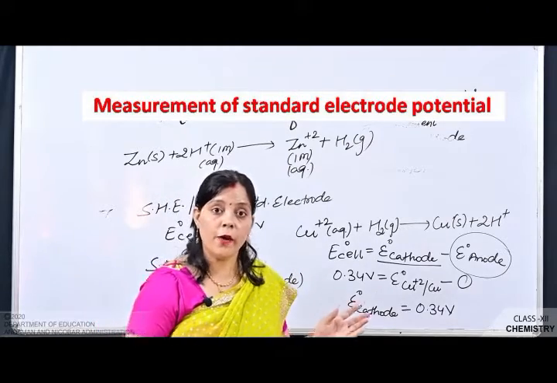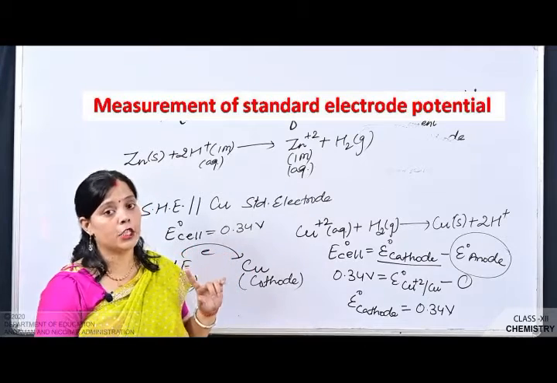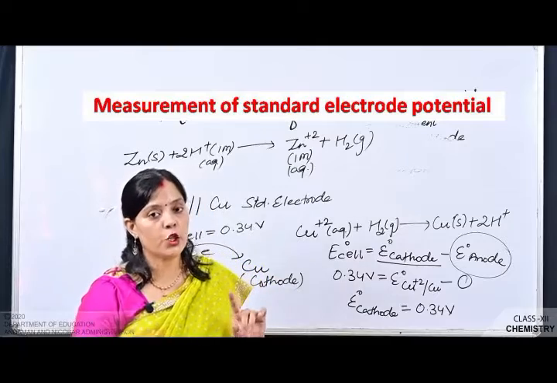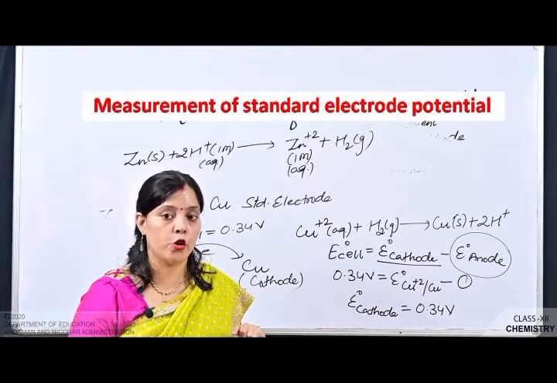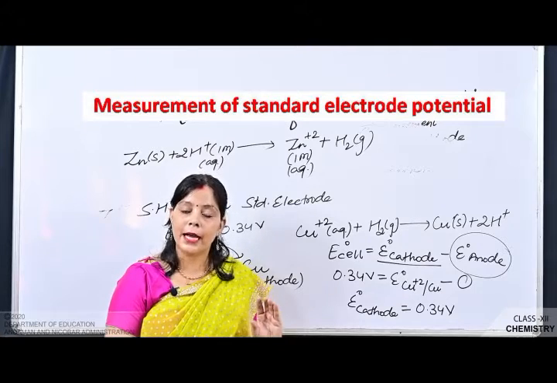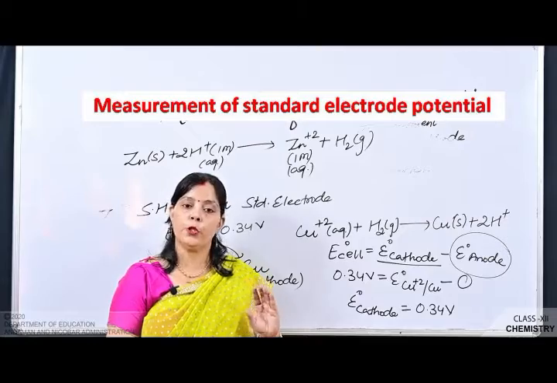The negative value in the case of the standard zinc electrode, minus 0.76 volt, indicates that the hydrogen ion oxidizes the zinc, or zinc can reduce the H plus ion.